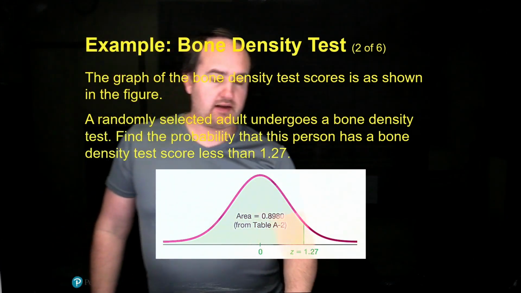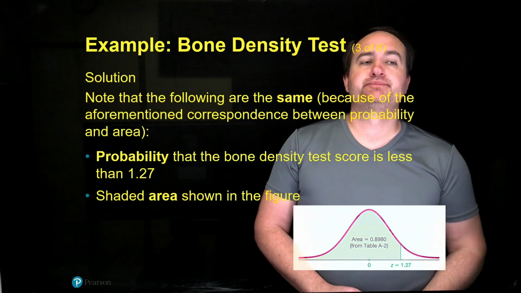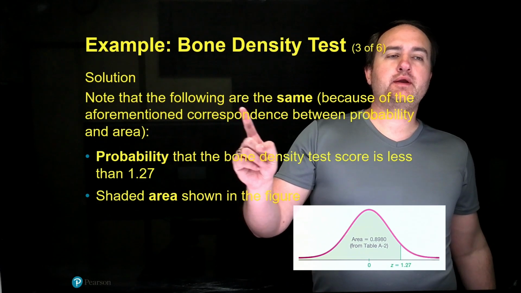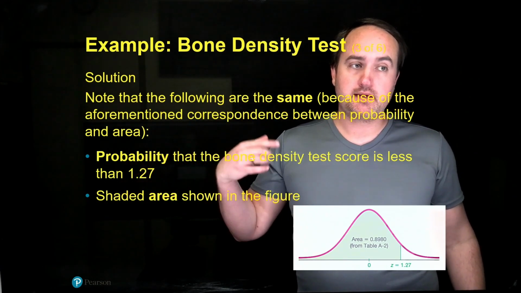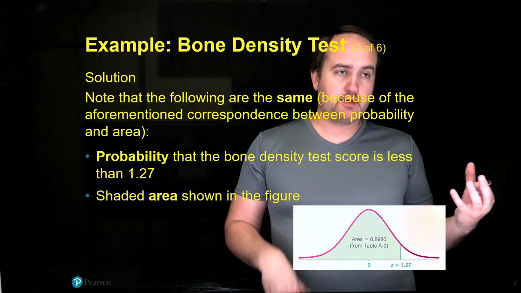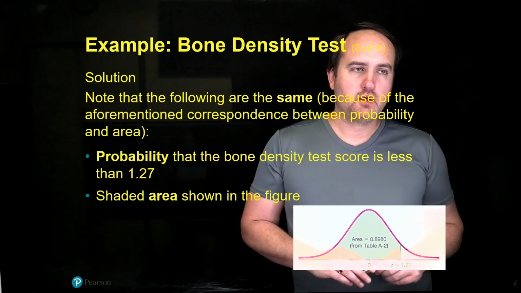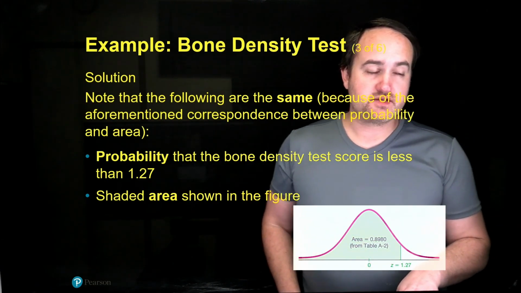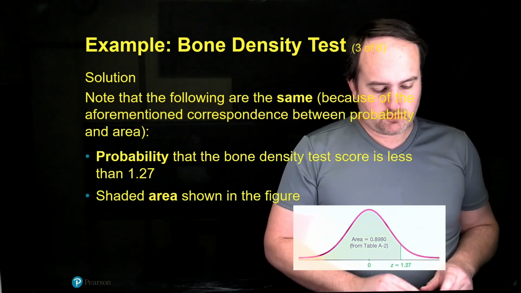And the areas in table A2 are all areas to the left. Note that the following are the same because of the aforementioned correspondence between probability and area. Remember, probability and area are equivalent when we're talking about a continuous probability distribution, whether it's uniform or normal.